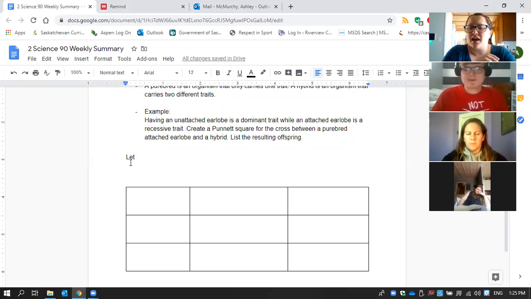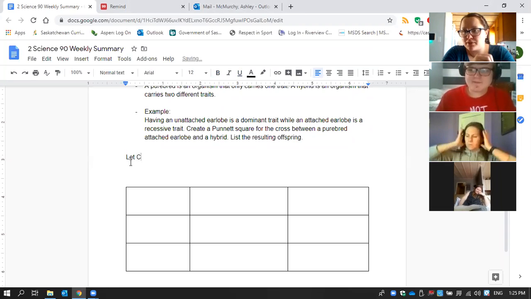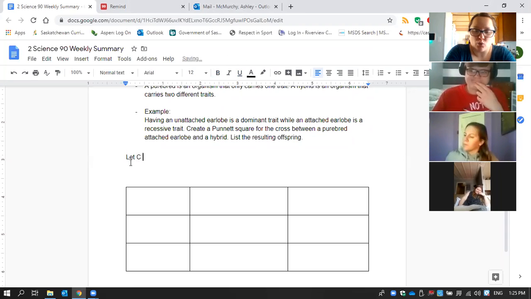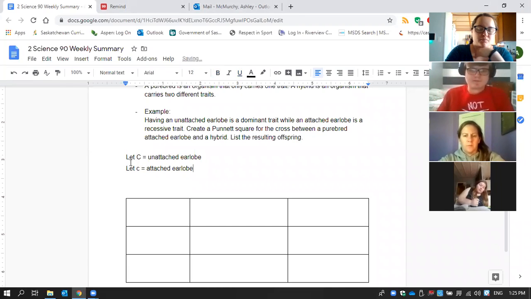And you know what, I don't care which letters you're using. You just have to tell me, using your let statements if you've done that in math. You want the capital C to be the dominant trait, which is your unattached earlobe. And then we'll let little c be your recessive trait, which is the attached earlobe. Okay.